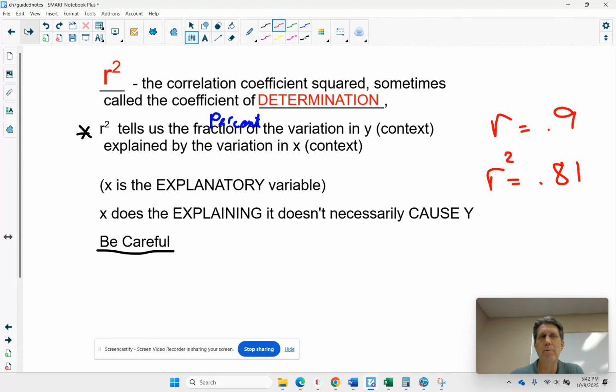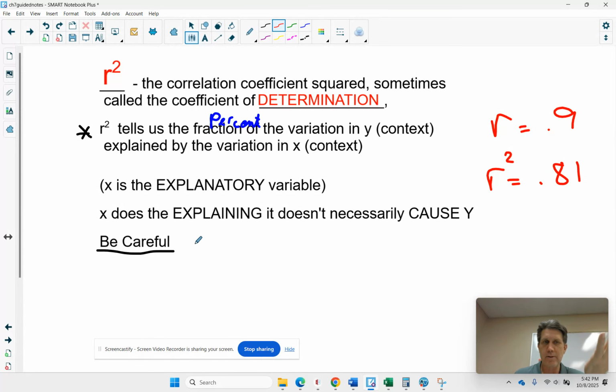But today we're going to talk about R squared. R squared is R, whatever R is, squared. If R is 0.9, you square it, it's 0.81. If R was -0.9, you'd square it, and it would be positive 0.81. R squared tells us the percent of the variation in y explained by the variation in x.